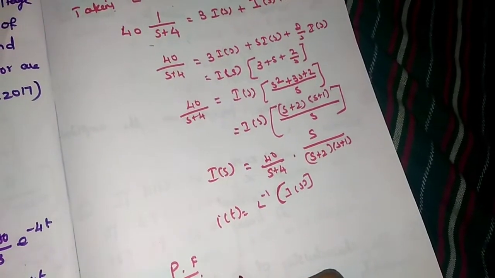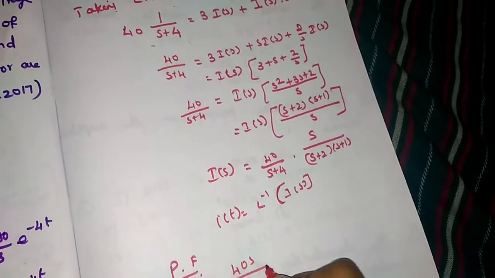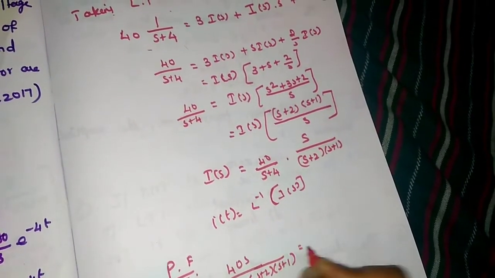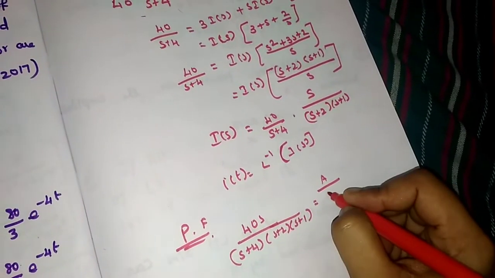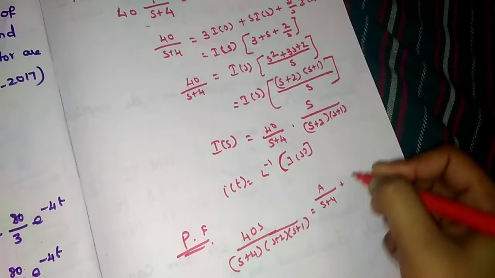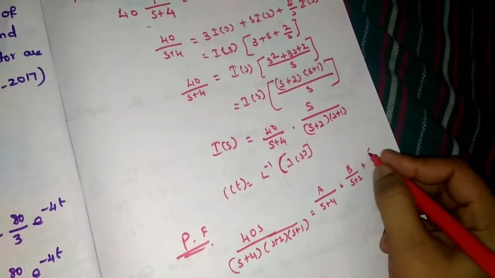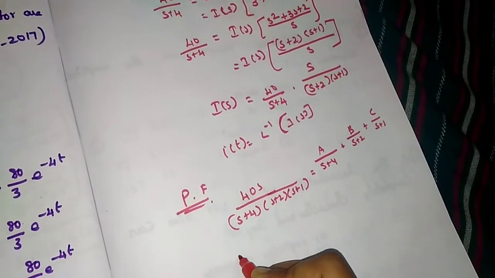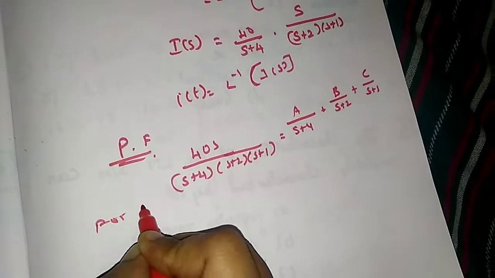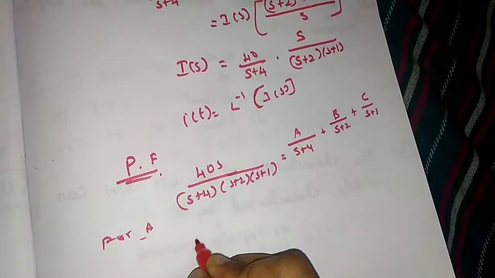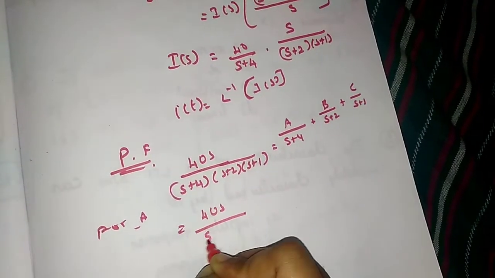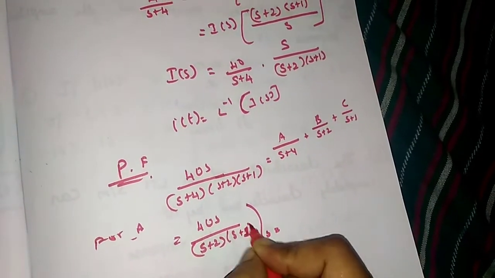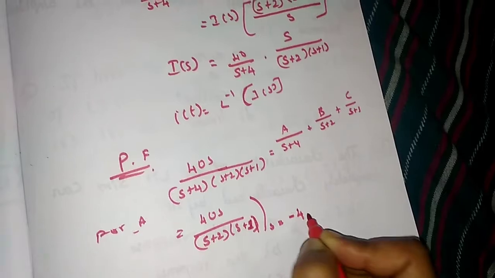So first, this 40s divided by (s plus 4)(s plus 2)(s plus 1) can be written as A divided by s plus 4 plus B divided by s plus 2 plus C divided by s plus 1. First finding A: we have 40s divided by (s plus 2)(s plus 1) at s equal to minus 4.